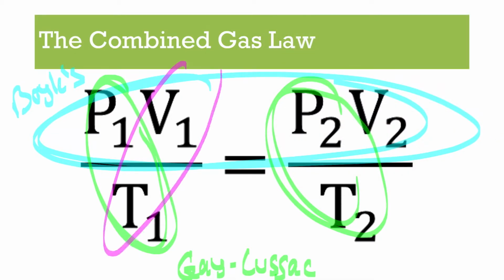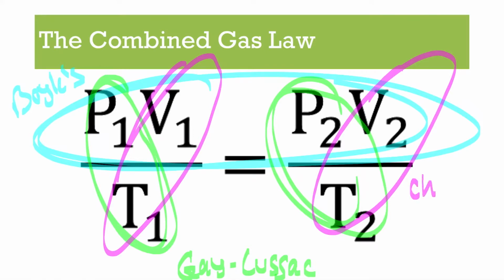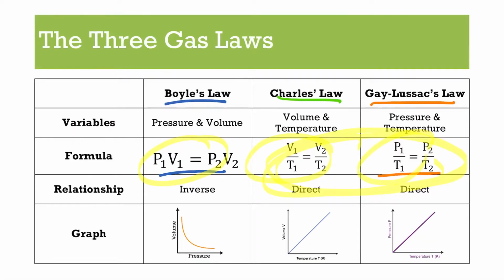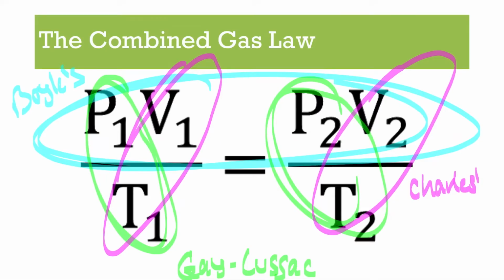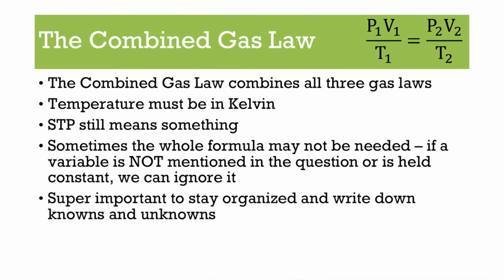And then if we look at the other one, volume and temperature, that is Charles' law. So all three of these formulas are right here in that one thing. So that is the combined gas law. So that's how everything would combine. And so this is why you don't need to memorize them specifically, because it's literally all there. So again, the combined gas law combines all three of these laws.